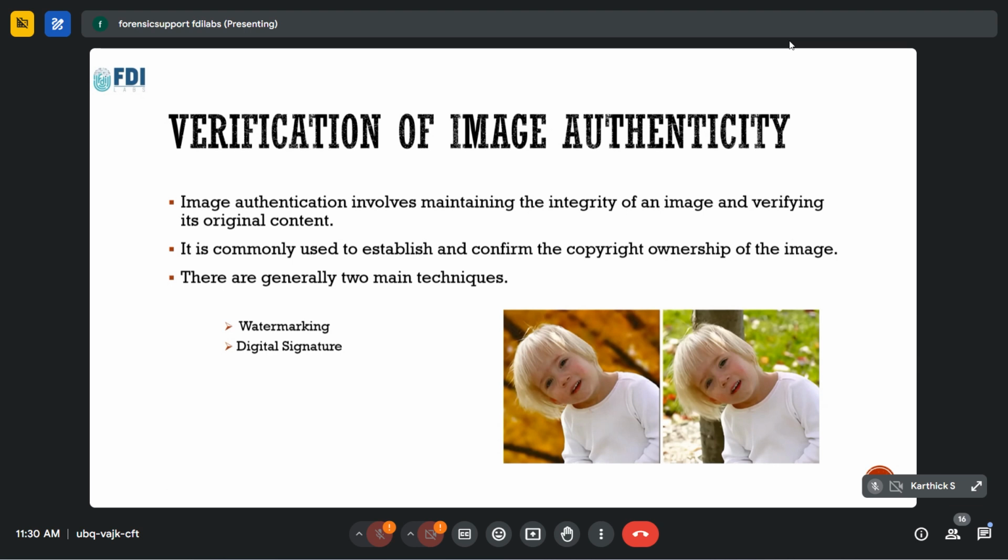All should have an idea about what cryptography and image hashing are. All these concepts are some of the basic examples of how the image authentication process takes place. We'll be talking about these two concepts, which are classic methods used in the analysis of image authentication.